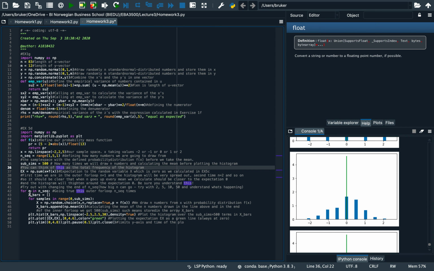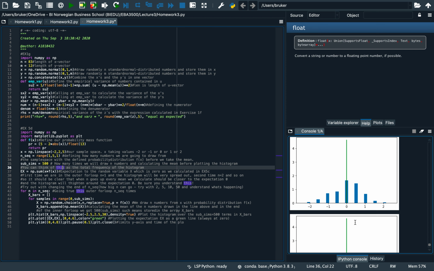And the next time, when we go to the outer for loop, n is equal to 3, and we take the mean of 3 numbers. Next time we go through the outer for loop, n is 4, and let's think about n equal 4. Then we go into the inner for loop, and we draw 4 numbers and take the mean.